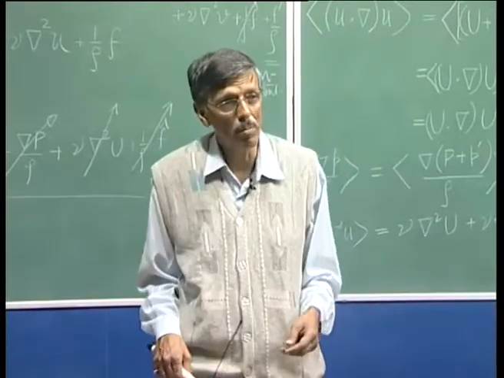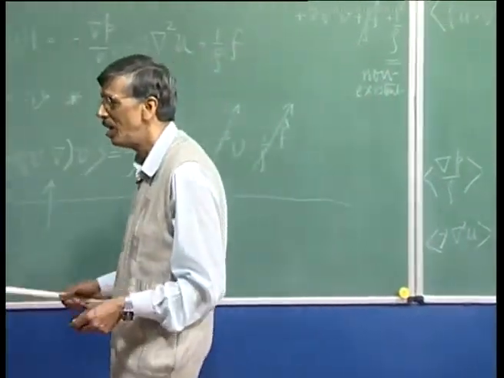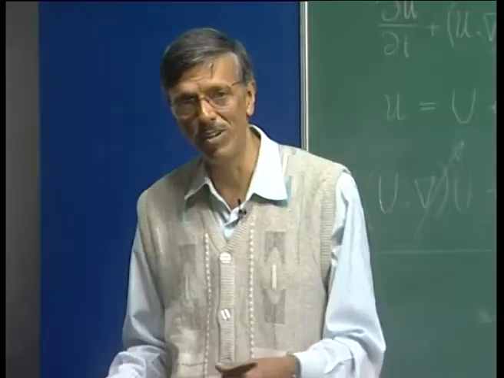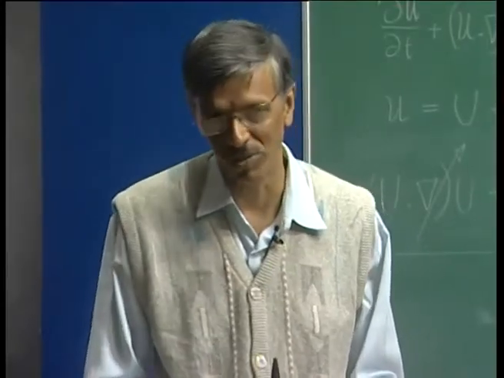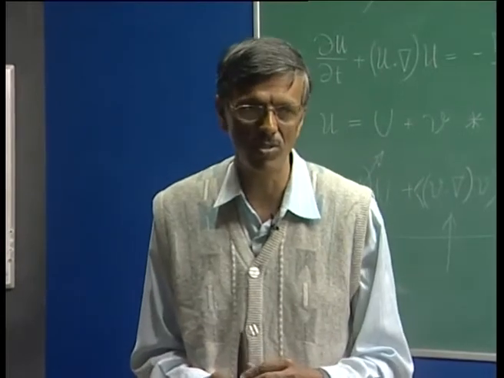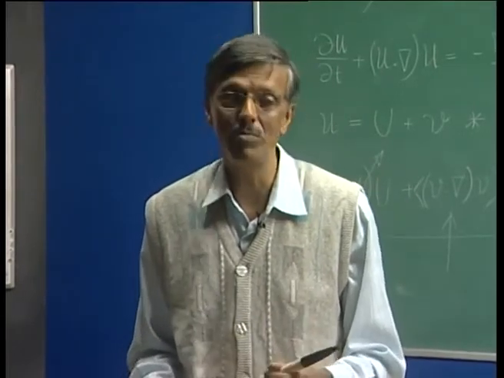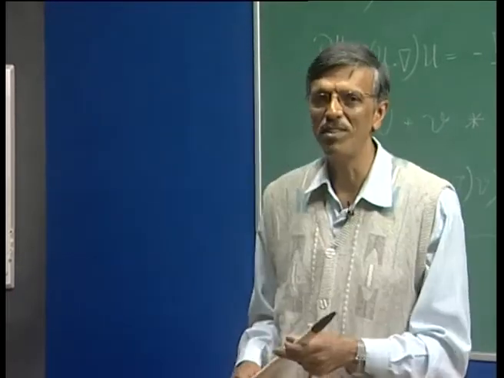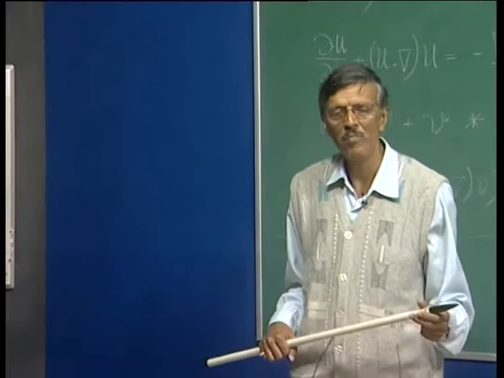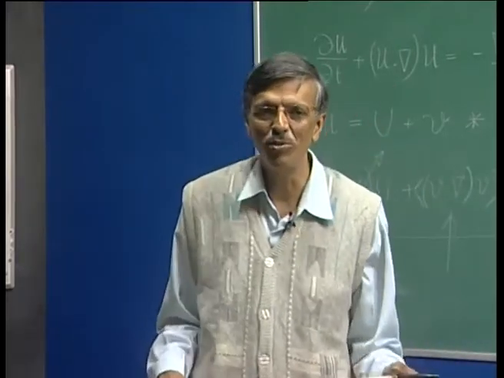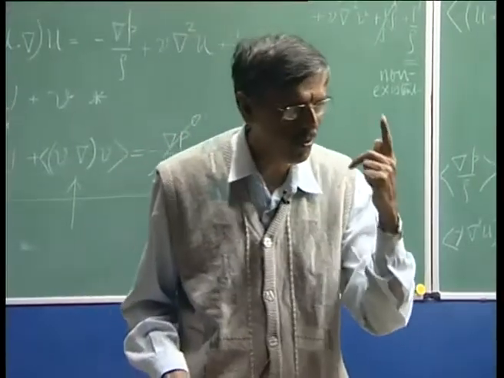That brings down the number of unknowns. How many components would we have for a 4th order tensor? It will be 3 to the power 4, that is 81 components, and with concepts of isotropy and so on, we can bring it down to only 2. And in fact, you are familiar with the Stokes hypothesis, which brings this down from 2 quantities to 1.